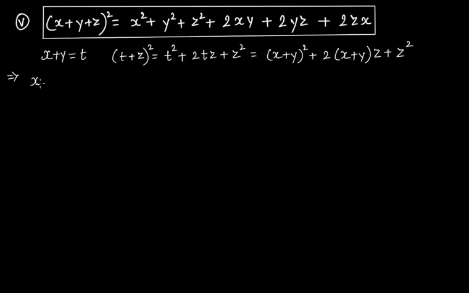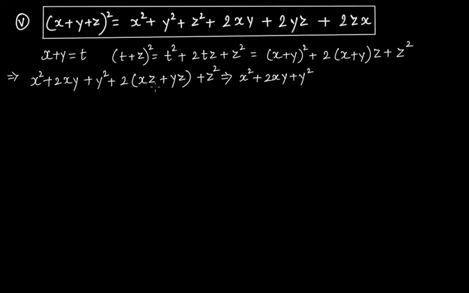So it becomes x² + 2xy + y², and from here you get 2xz. We can write it as 2(xz + yz) + z², and this becomes x² + 2xy + y² + 2xz + 2yz + z².